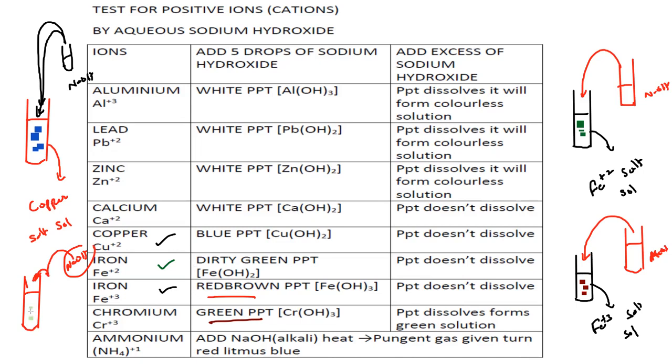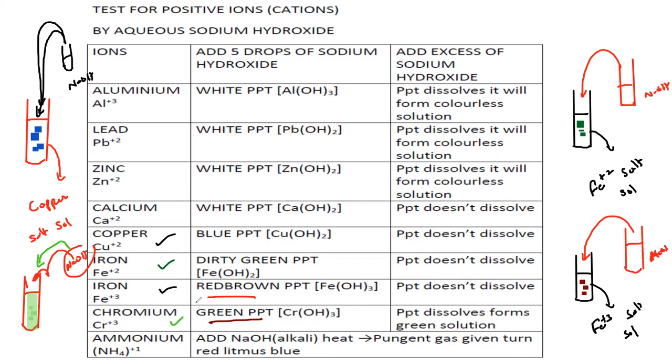But when we add excess, too much, the precipitate will dissolve, and as a result the solution will turn green. So this is the observation for chromium. So copper 2, iron 3, chromium.